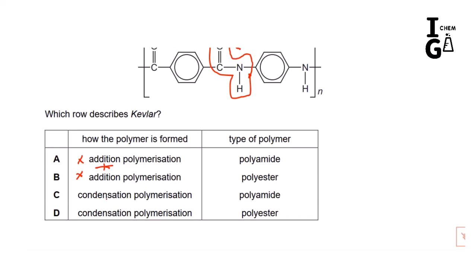It should be condensation polymerization, either C or D. Is it polyamide or polyester? The word polyester means we have an ester link, which means C double bond O and then O. But here we don't have COO. We have NH and CO. This is an amide linkage, so this is actually a polyamide. So the correct answer is C. Okay, guys?